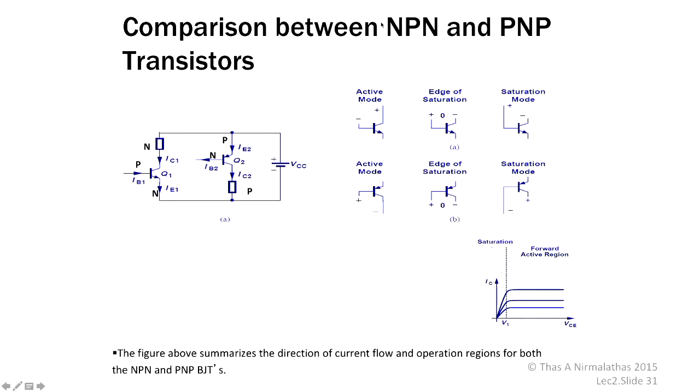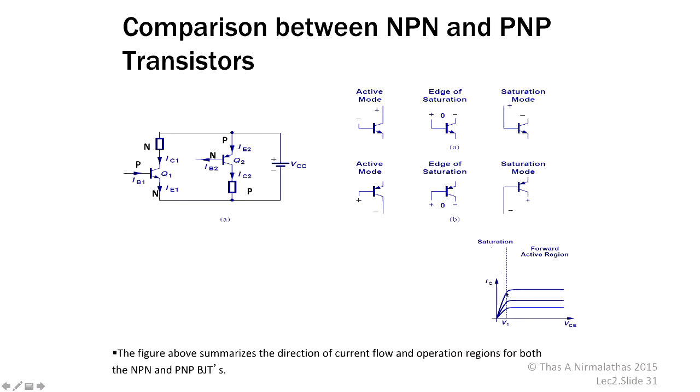Then, comparison between NPN and PNP transistors in the active mode. This is an NPN transistor in active mode: your collector is more positive than the base. And for PNP, the base is more positive than your collector. At the edge of saturation, the emitter, base and collector voltages are the same. At the edge of saturation, it is the same thing: base and collector voltages are the same.